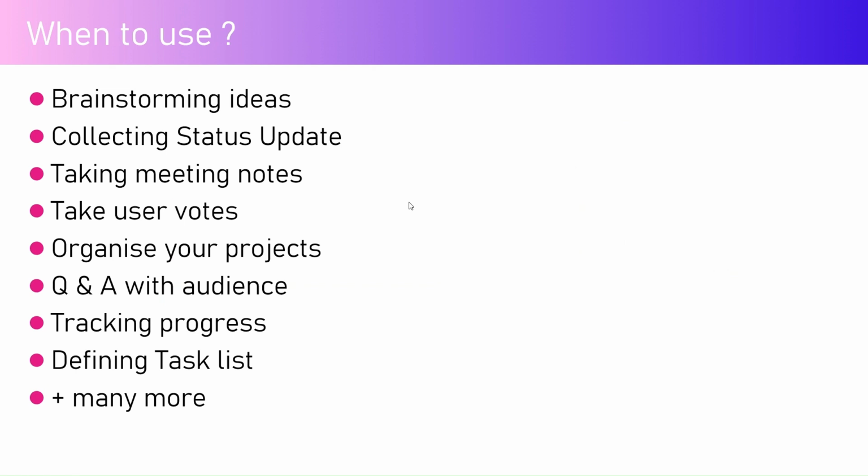Collecting status updates, taking meeting notes, taking user votes, organizing your projects, question and answer with audience, tracking progress, defining task lists, and many more. The scenarios are endless, but mostly Microsoft Loop is used to collate all the information of, say, a project. And then it surfaces out that information, summarizes it and presents it to a wider audience.